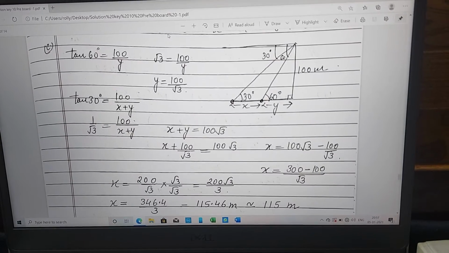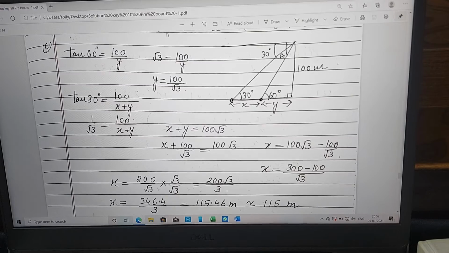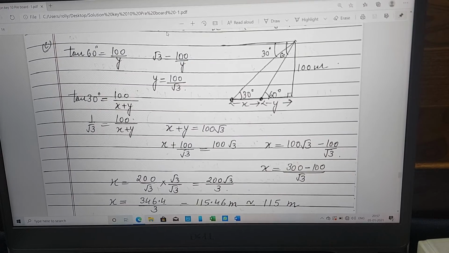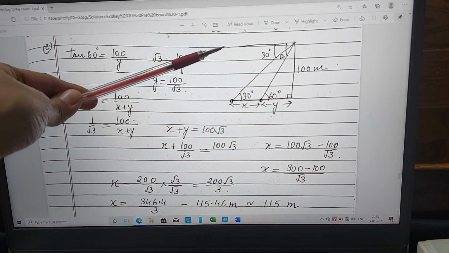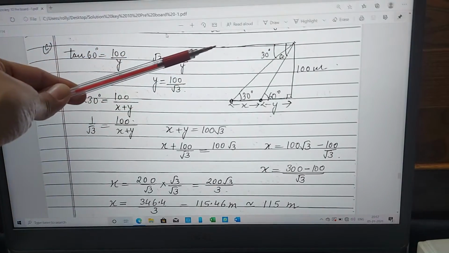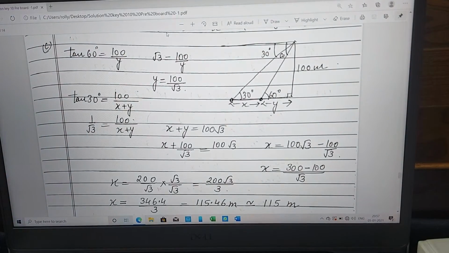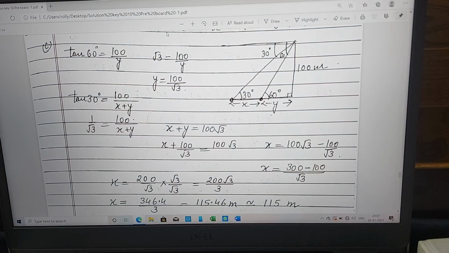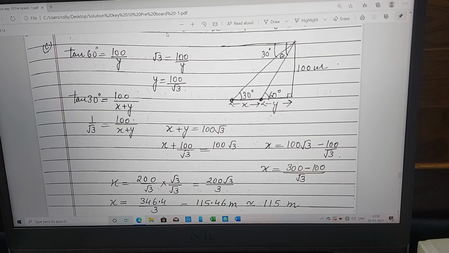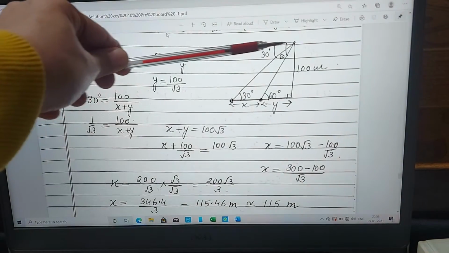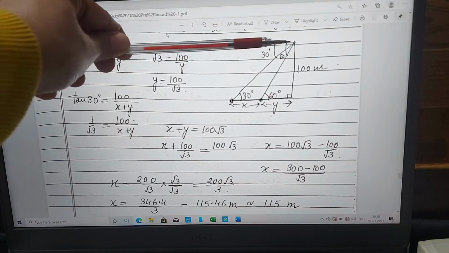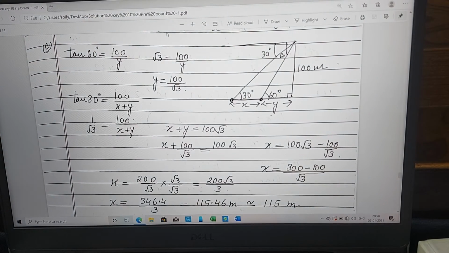For the next question, when you are drawing the diagram for heights and distances, you were supposed to draw this line. It is very, very important because it is angle of depression. Angle of depression has been given. So if this line is missing in the diagram, you may lose the marks.